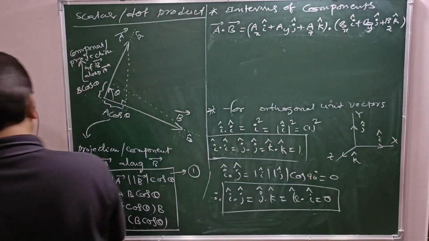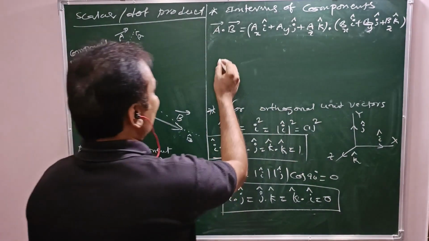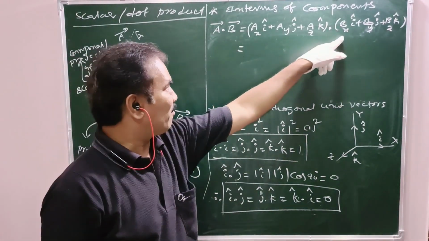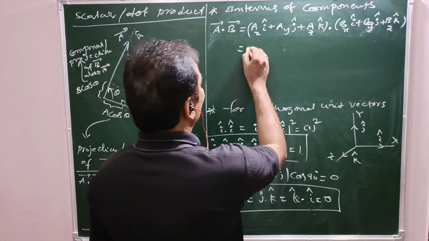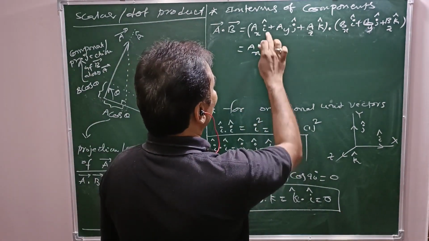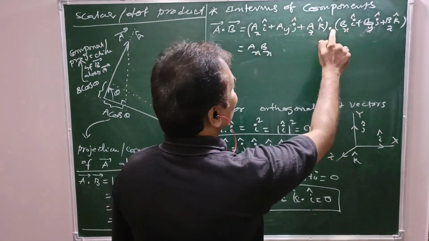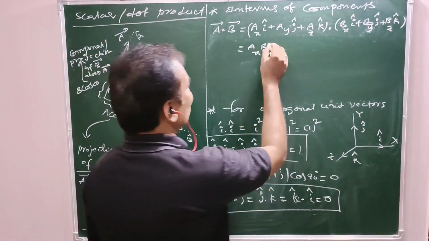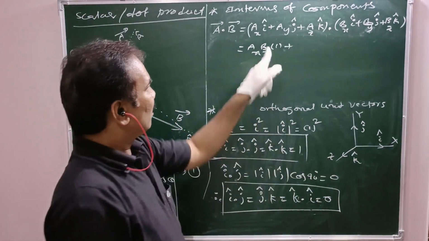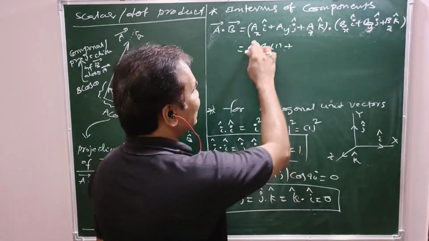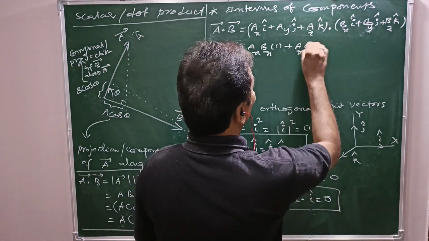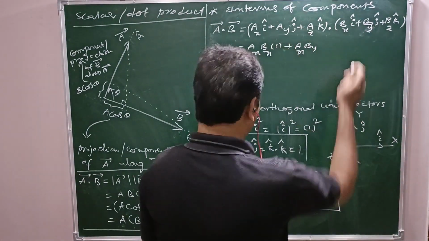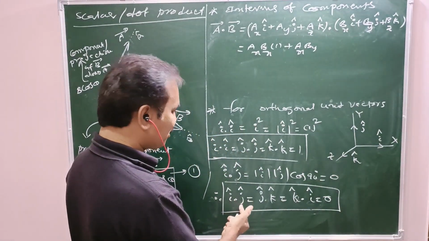Now see, a bar dot b bar. First term into first term, ax bx into i dot i. i dot i means what? 1. So ax bx into 1, plus first term into second term, that is ax into by into i dot j. i dot j we already came across, it means 0.